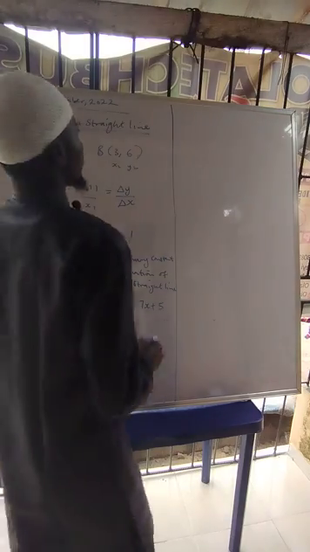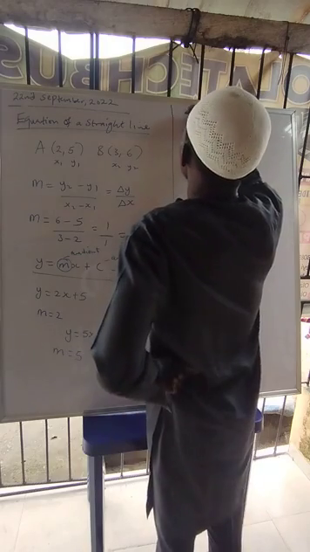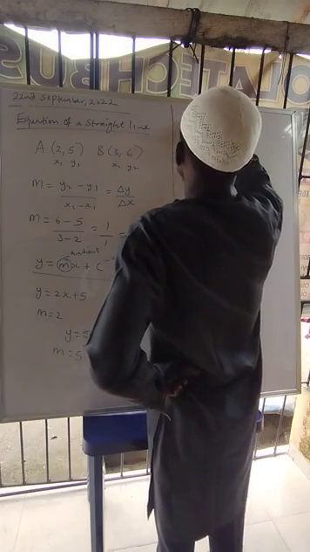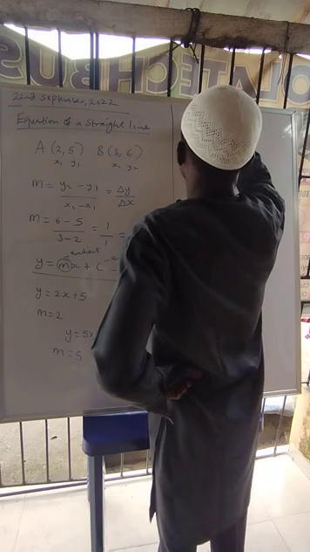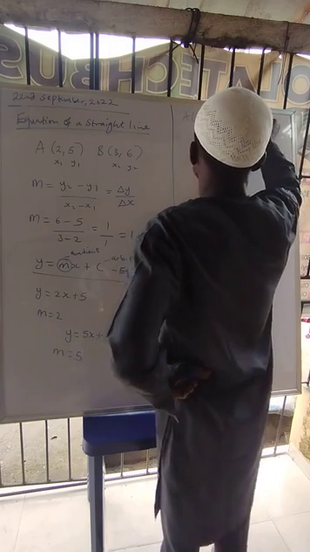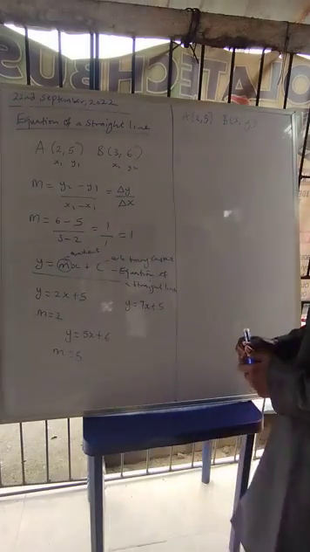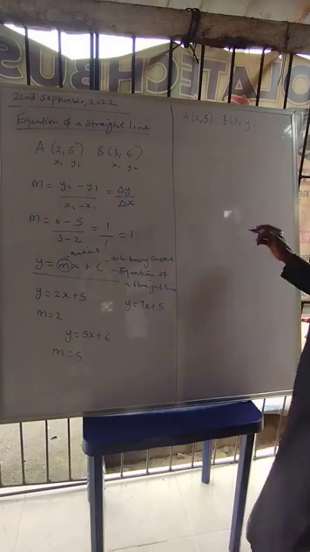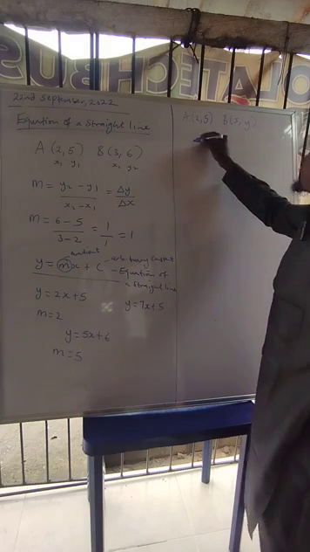Now let's move on. Let's assume the first point is known, let's call it (2, 5) for example, and the second point is unknown. Let's call it (x, y). Now for this second point, we can find the gradient.